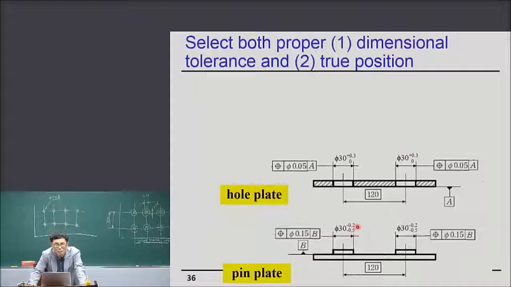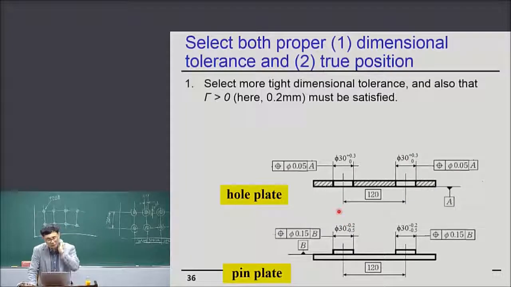So maybe my case is minus 0.2 and minus 0.5. So what about gamma here? Gamma is the difference between 30.0 minus 29.8, which is 0.2. So select more tight dimensional tolerance, and gamma larger than 0, here 0.2 millimeter, must be satisfied.